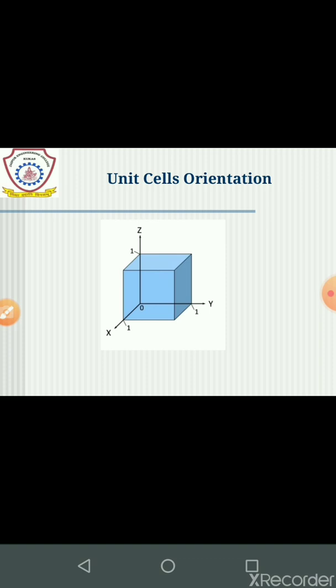In this orientation, we can see the unit cell is divided along three axes x, y, z, with different axes by one unit. That is the unit cell. The repeating elements of the unit cell combine to form the crystal structure.